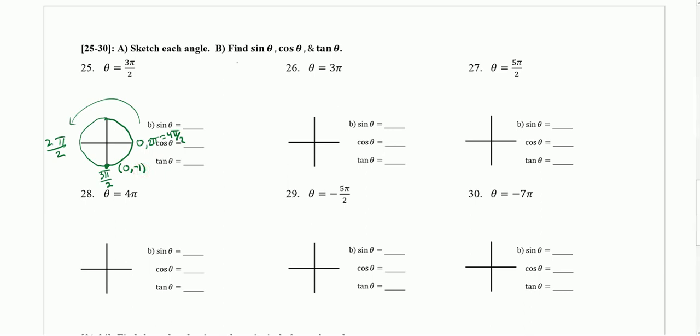And so in this context, the sine is equal to your y coordinate, which is negative 1. The cosine is equal to your x coordinate, which is 0. And the tangent is equal to the y divided by the x. But we can't divide by 0, so we say undefined.